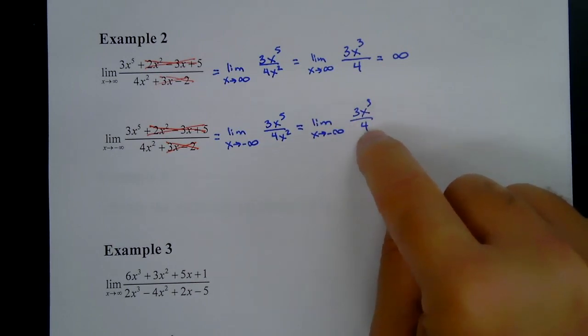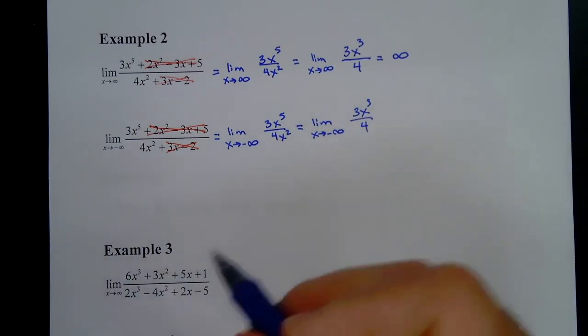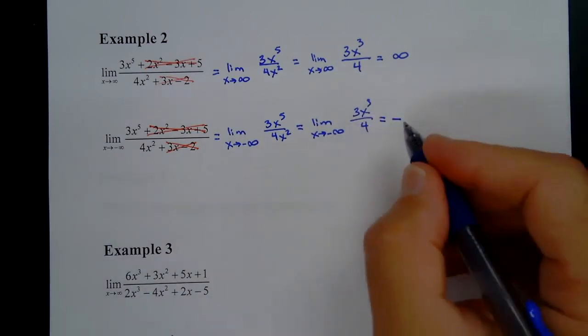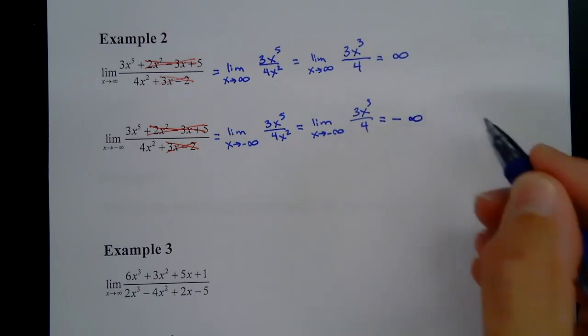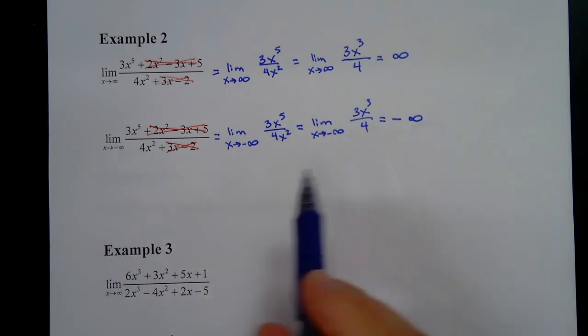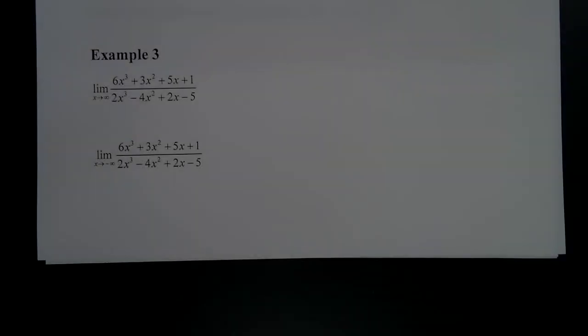Divided by 4, which is positive. So we're going to be taking a negative value, dividing by a positive value. That's going to equal a negative value. And because the numerator is growing faster, this one's going to go to negative infinity. All right. So the left side, if we were to graph this, the left side would be going down and the right side would be going up. All right. Let's do the last one.